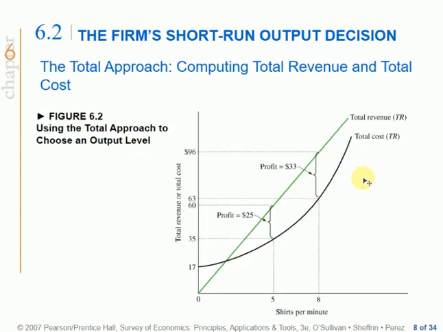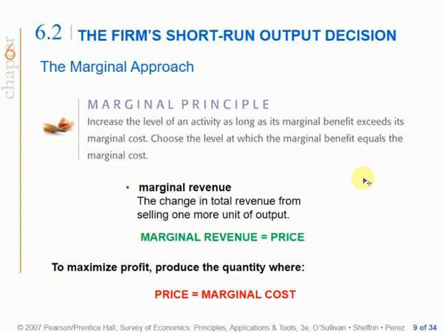Let's now examine how a perfectly competitive firm makes its output decision. Remember from Chapter 5 that when we study firms' output decisions, we always need to distinguish between decisions made in the short run and decisions made in the long run.